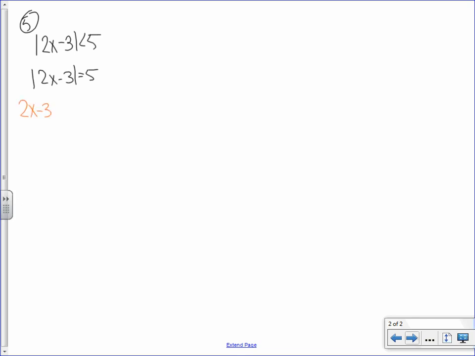So I get 2x minus 3 equals 5, or 2x minus 3 equals negative 5. This will give me 2x equals 8, so x equals 4. Or this will give me 2x equals negative 2, so x equals negative 1.